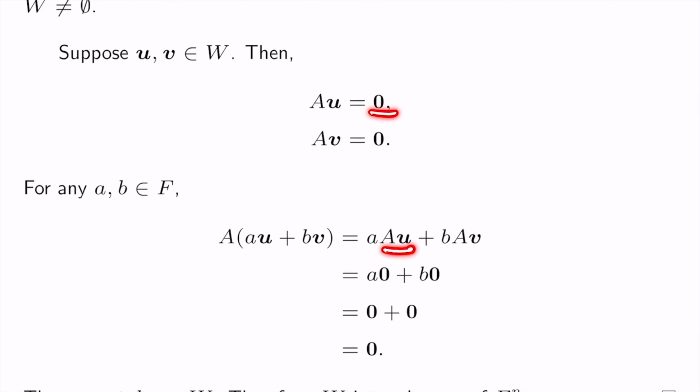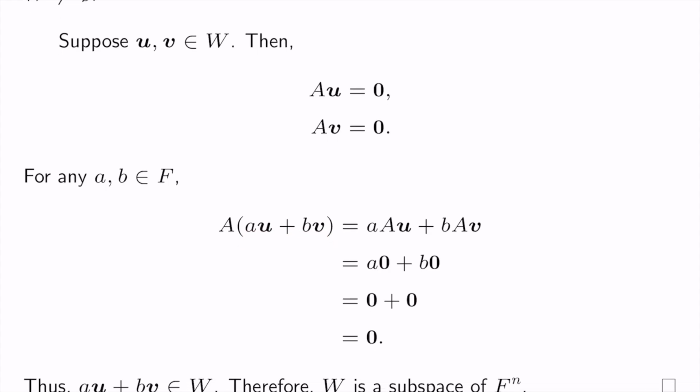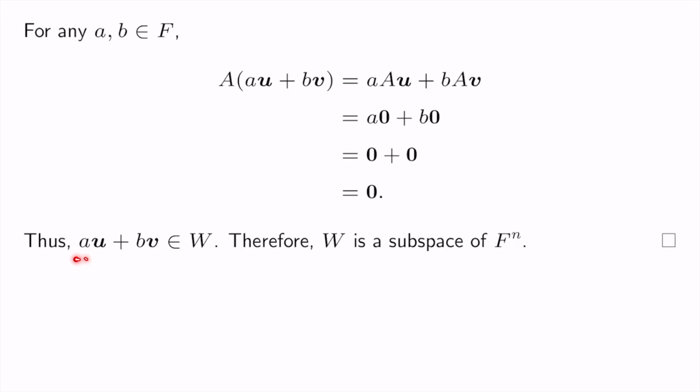But this AU is the zero vector, and this AV is the zero vector. So we have a times 0 plus b times 0. But any scalar times the zero vector gives the zero vector. And zero vector plus zero vector is the zero vector. That means this vector is a solution of the homogeneous linear equation. That means this belongs to W. So, therefore, W is a subspace of Fn. And we are done.